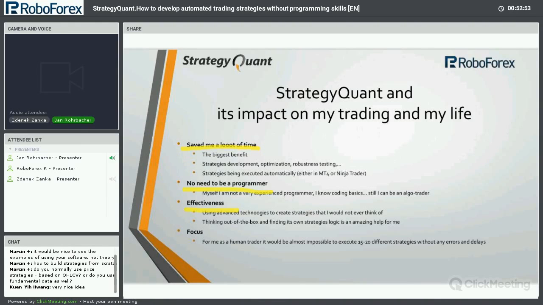And in trading, some mistakes have a really huge impact on your equity. All these mistakes cost a lot of money, and that's something we definitely want to avoid. So this is something that truly helped me and basically changed my life, in terms of not only trading but also social aspects. It saved me a lot of time, and still keeps me the possibility to be an algo trader, someone who uses the most advanced solution to the market.